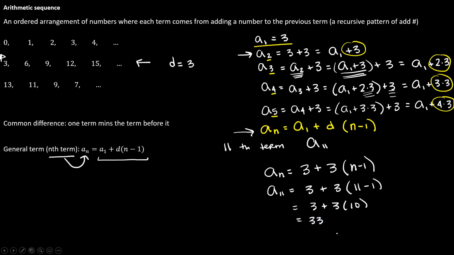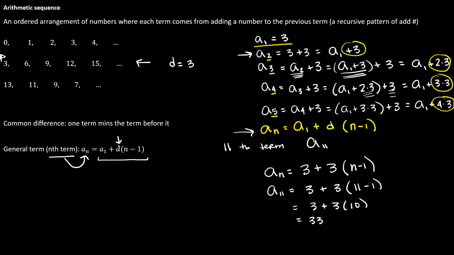Any arithmetic sequence can fit into this general term. All we need to know are 2 things. We need to know what a sub 1 is. What is the first term in the sequence? That is super important. We have to know that or we can't calculate the general term. We also need to know the common difference.